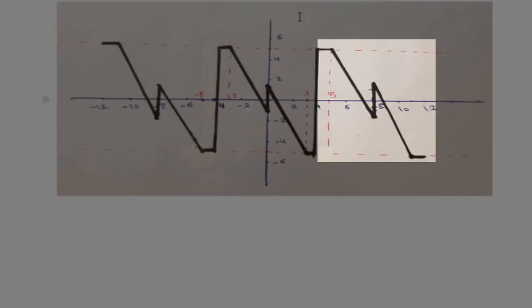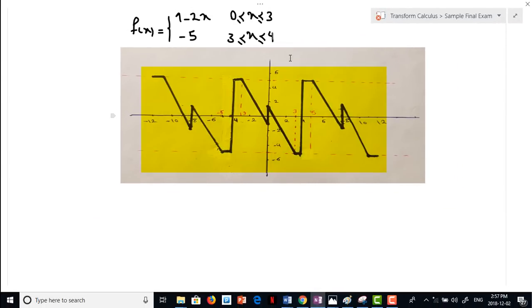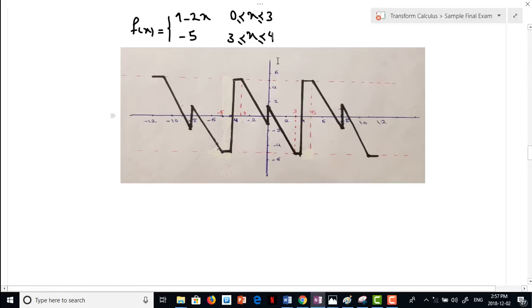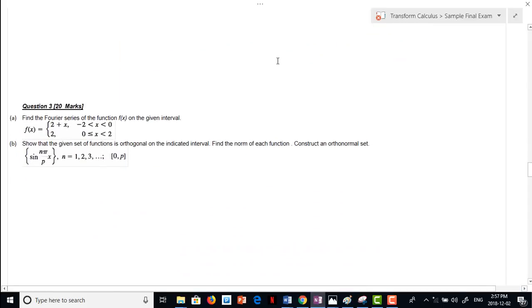That's it. And I end up with this function. So you have to know that the Fourier series is a continuous function. As a result, these vertical lines should be plotted as well. So we could solve part C of the problem. So we are done with question number 2.